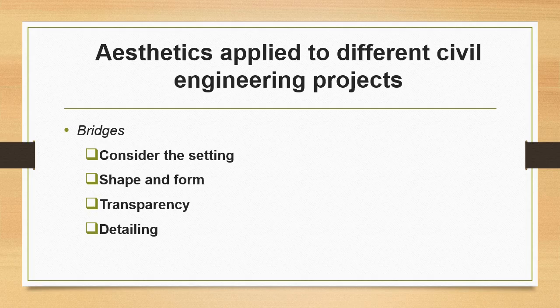Using fewer or more slender support wires creates a sense of lightness and transparency, allowing the landscape to be seen through the structure. Detailing, that means finishing touches like pedestrian railings, lighting fixtures, and even paint color can have a major impact on the final visual result.